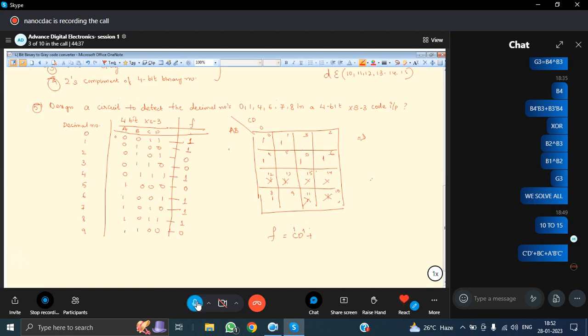I am writing this. So once, can you draw this circuit and find whether this is detecting 0, 1, 4, 6, 7, 8.